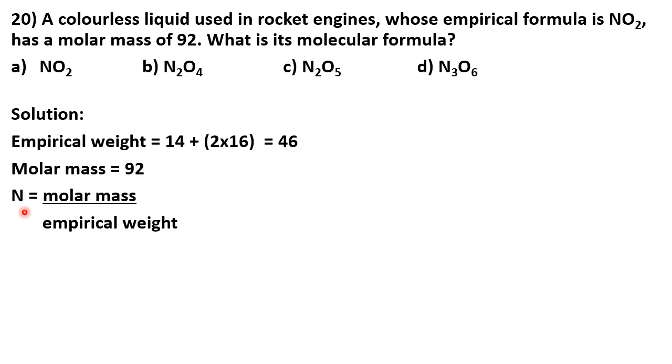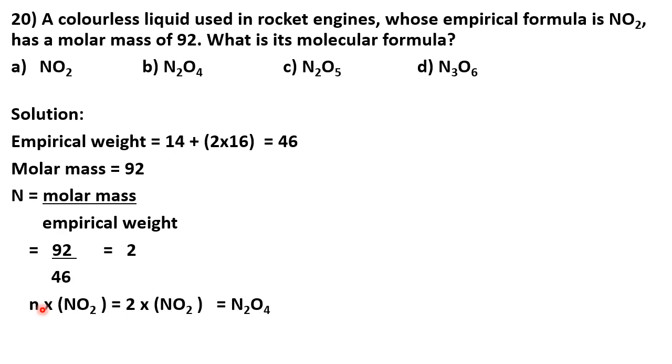You can calculate the coefficient n by molar mass divided by empirical weight. That is 92 divided by 46 equals 2. This n coefficient times the empirical formula gives the molecular formula. So n into NO2, that is 2 into NO2, gives N2O4. Therefore the correct option is option B.